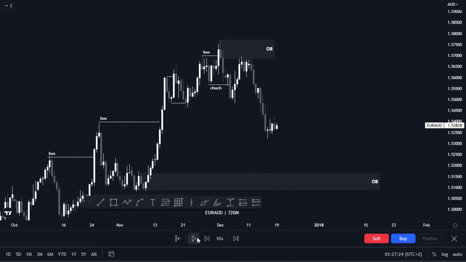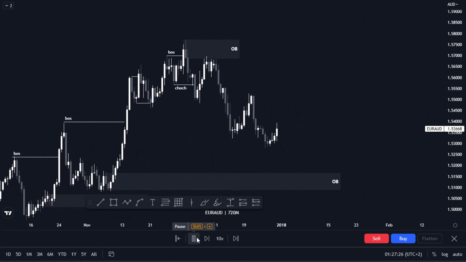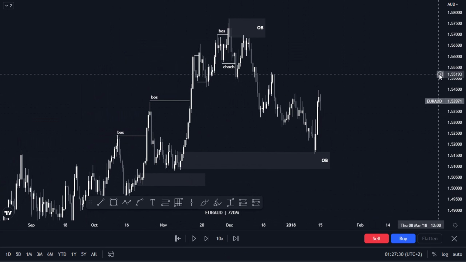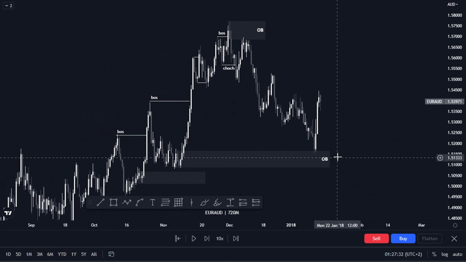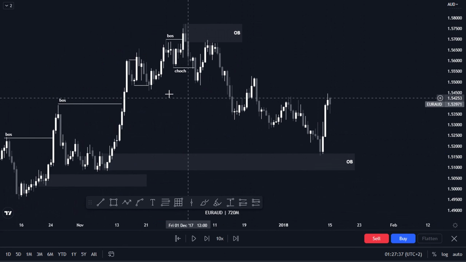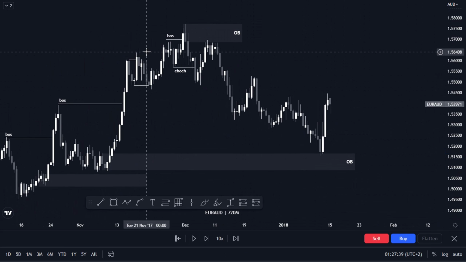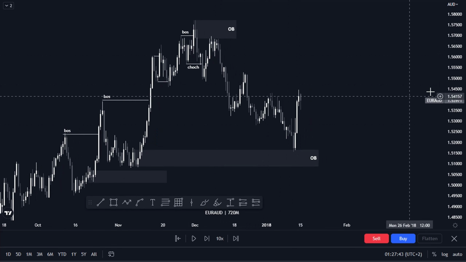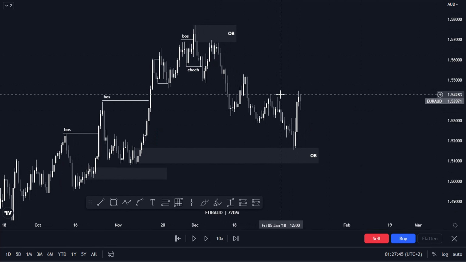Okay, let me just play price, and price pushed to the downside, tapping into our order block on our higher time frame. So initially here you're going to take maybe a negative 1R, but then on this trade here you're going to get more than a 10R trade.